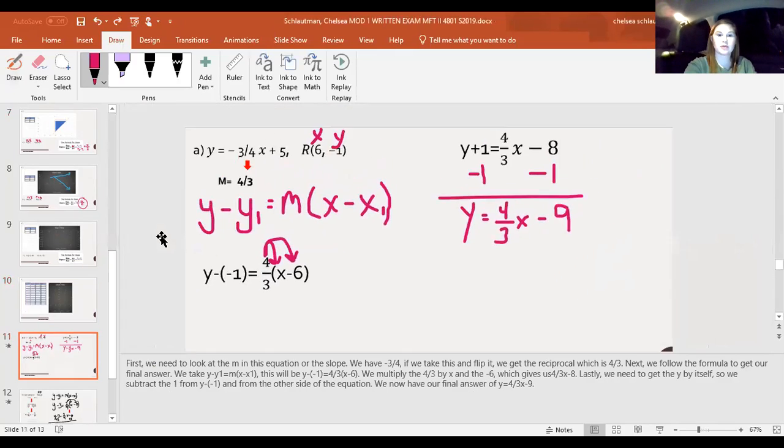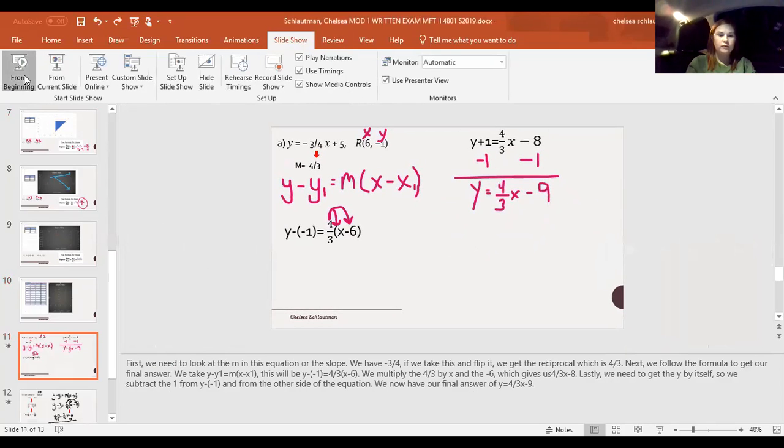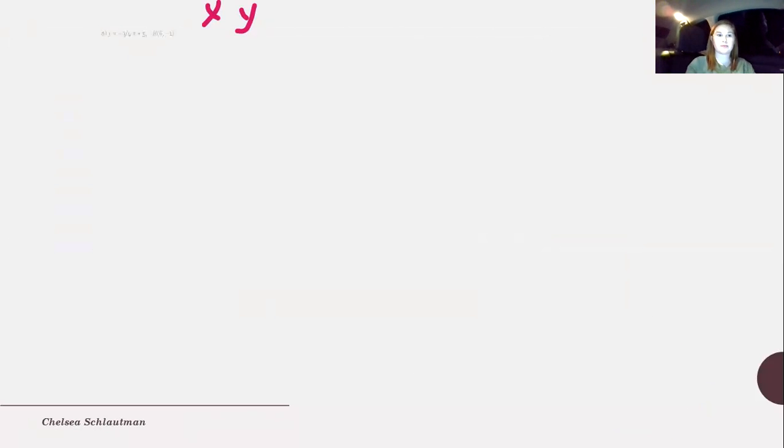And the next problem we're going to look at, let me zoom back out here. Okay, so the problem we have here is y equals -3/4 x plus 5. And what we need to do is take that -3/4 and get the reciprocal of it, and that's going to give us our m, our slope.